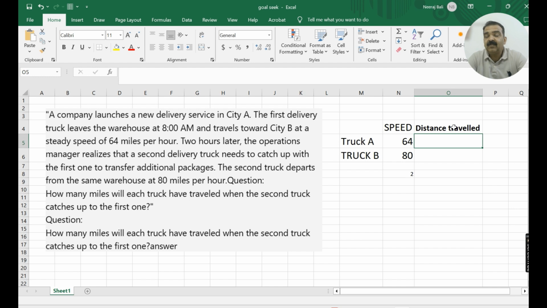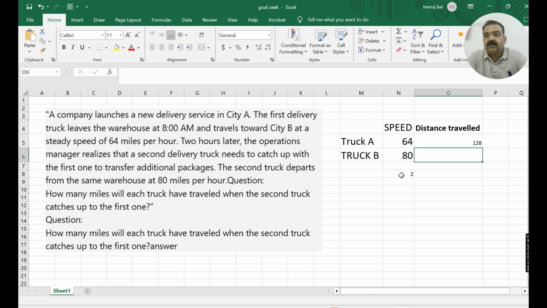Now see, try to understand how much distance in 2 hours. We have to model it, not hardcode it. It has to be by formula. Distance is equal to speed multiplied by time. So speed is 64 multiplied by time. Time is how much? 2 hours.